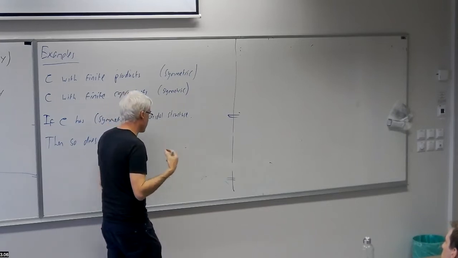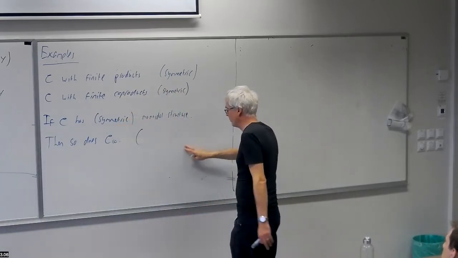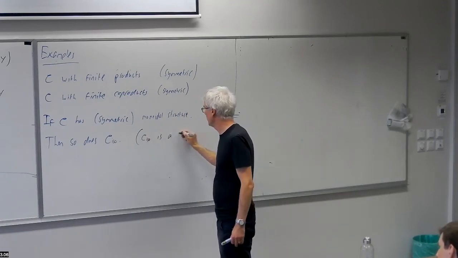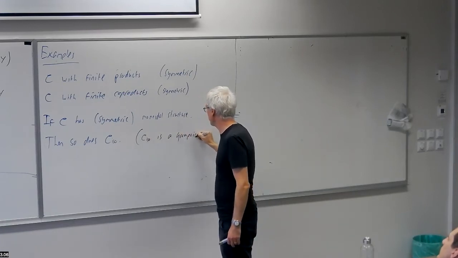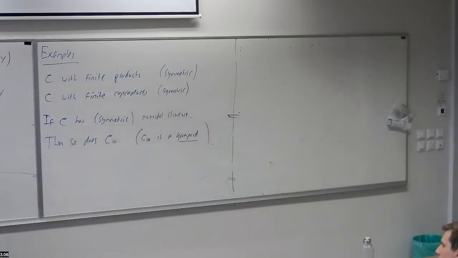A groupoid is a category with perhaps many objects, but all of whose morphisms are isomorphisms. So C iso is a groupoid. But the point is, because the monoidal structure only involves isomorphisms, and functors automatically preserve isomorphisms, if you have monoidal structure on a category, you then throw away the non-isomorphisms, you still have monoidal structure on the remaining category.